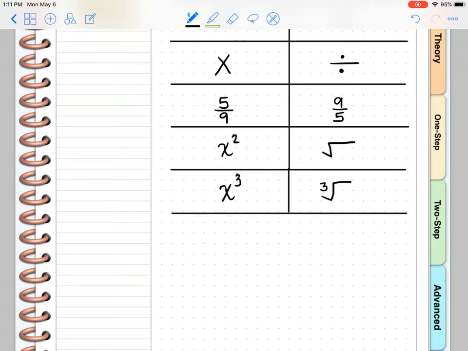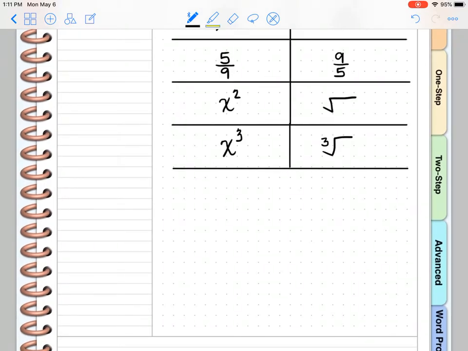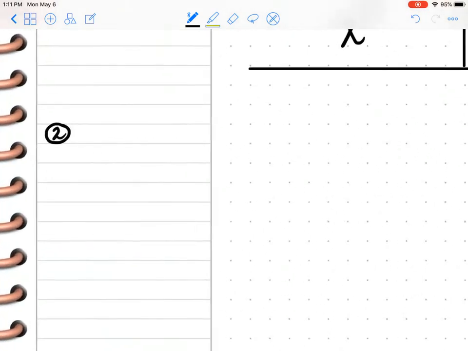Okay, rule number 2. This one is absolutely, positively critical. So let's zoom in here.